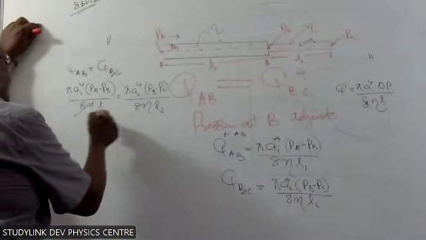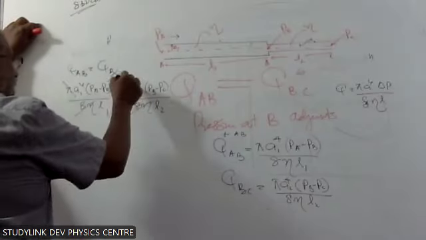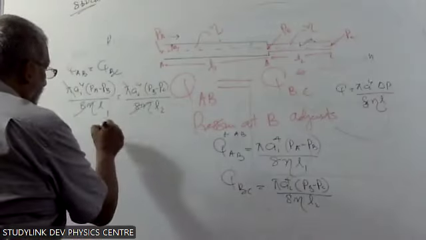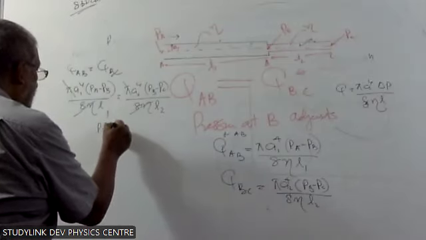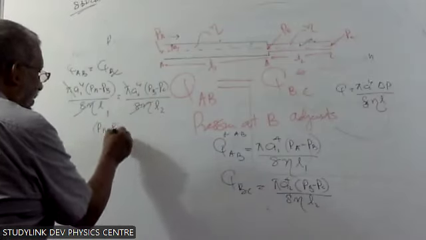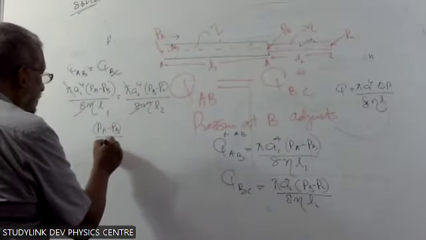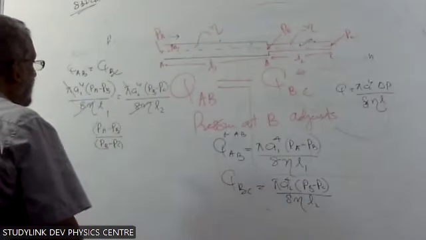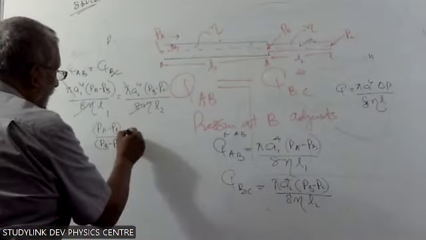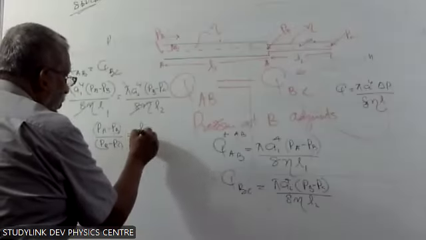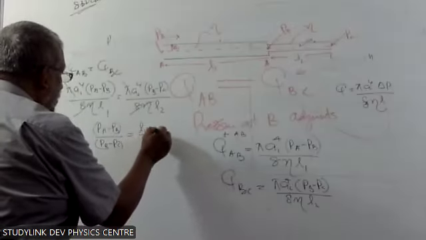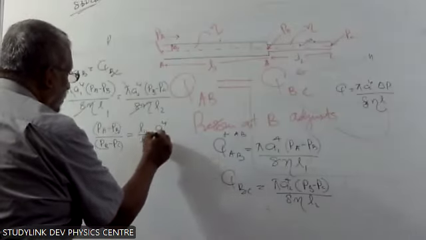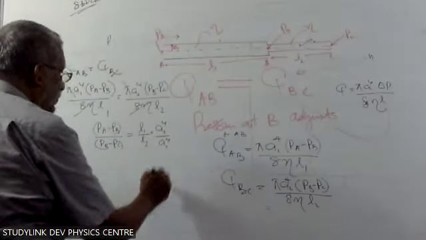Now 8 eta cancels out, pi cancels out. Then normally you get (PA minus PB) divided by (PB minus PC) is equal to L1 over L2 into A2 to the power 4 over A1 to the power 4.